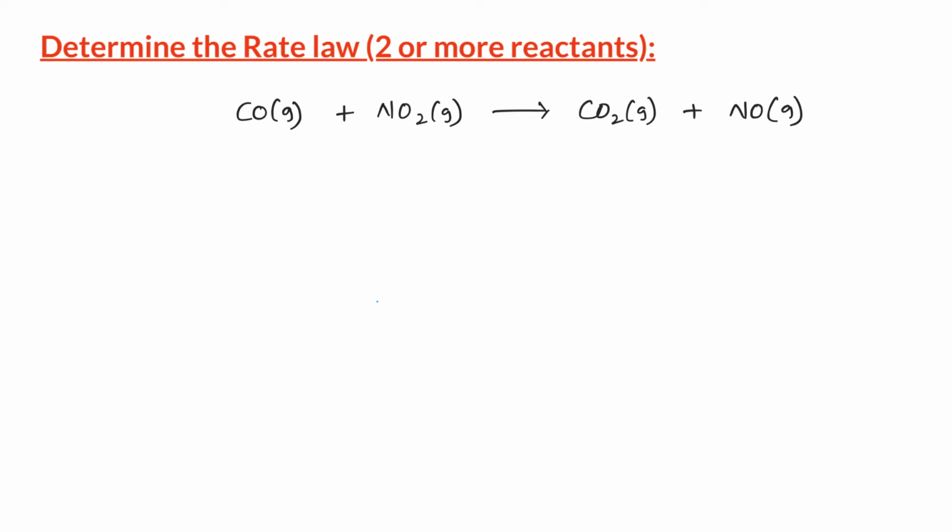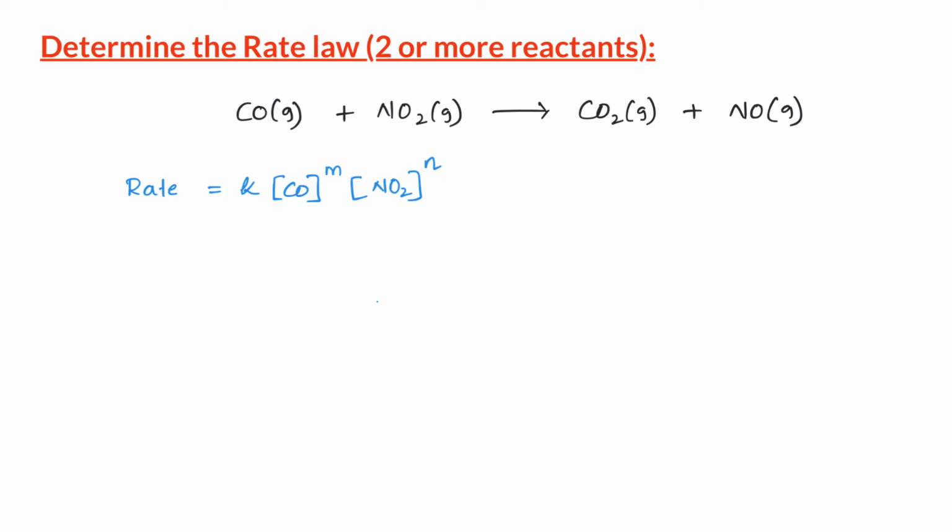The general form of the rate law for this reaction can be written as rate equals some constant k times carbon monoxide to the power of m times the concentration of NO2 to the power n, where k is the rate constant, m is the order with respect to carbon monoxide, and n is the order with respect to NO2.